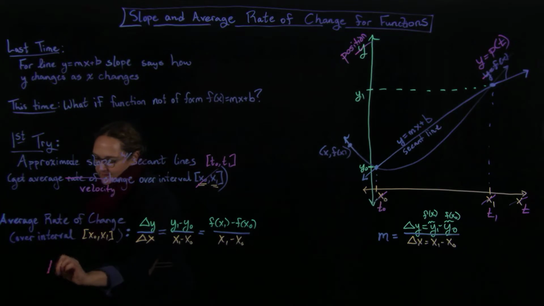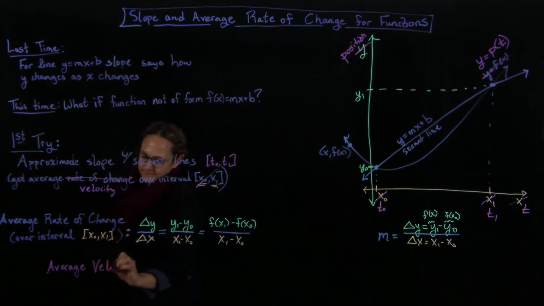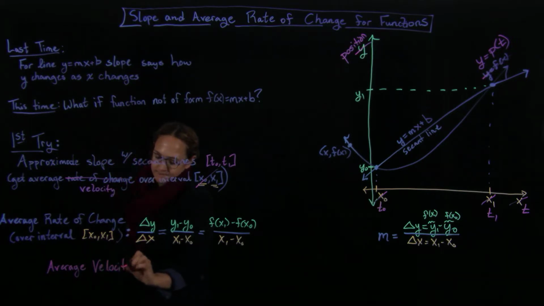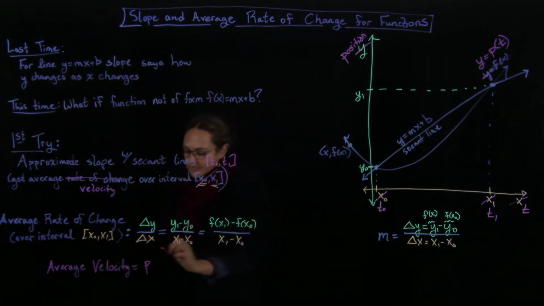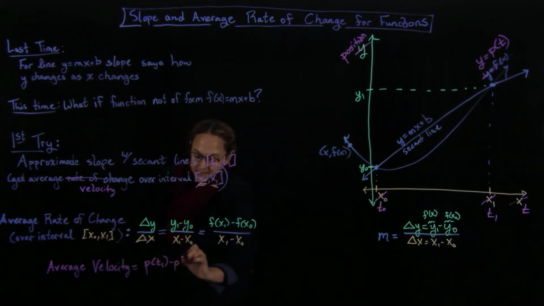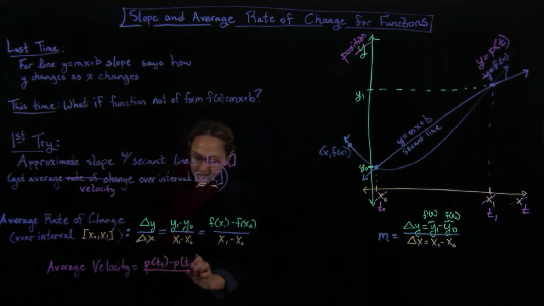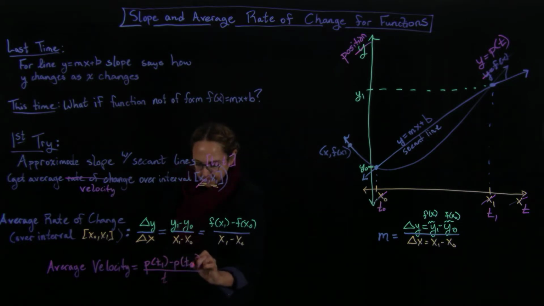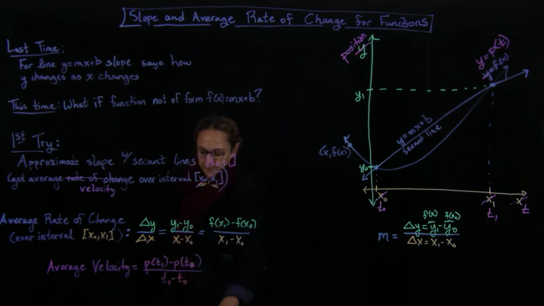So the average velocity is going to equal p of t1 minus p of t0, divided by t1 minus t0.